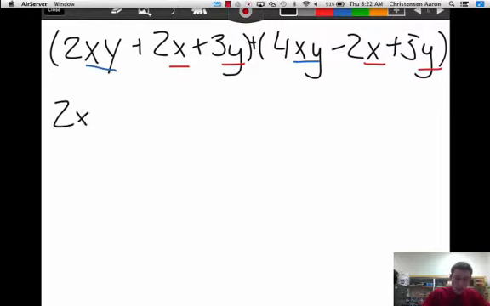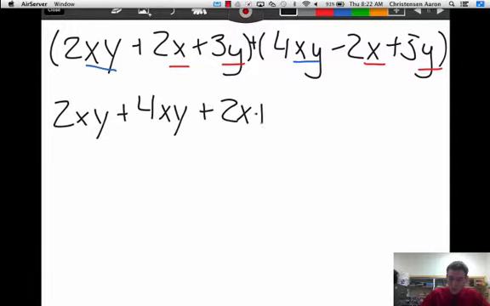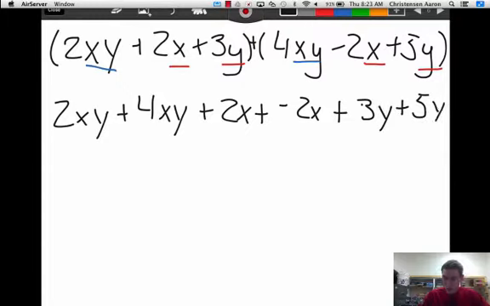So we'll have 2xy plus 4xy plus 2x plus negative 2x plus 3y plus 5y. And when we put those together, we add our like terms. So we add these two together, these two together, and these two together.